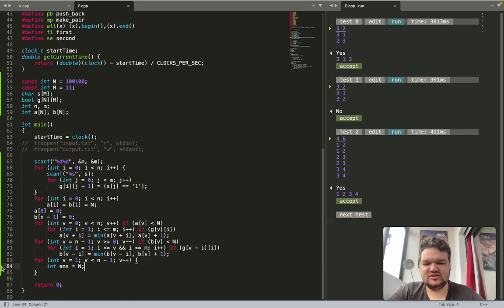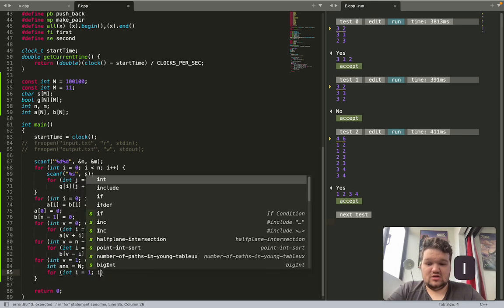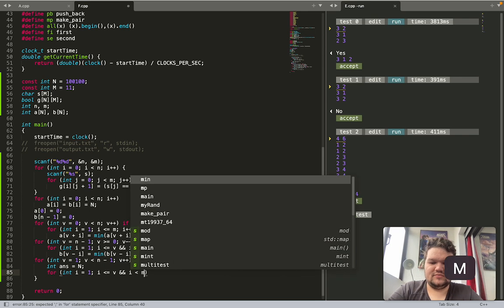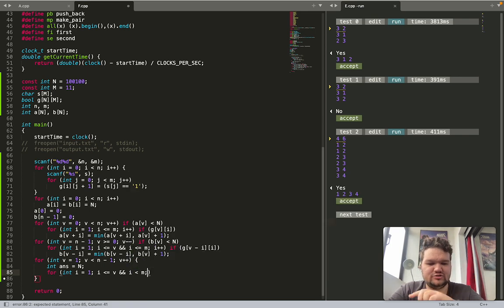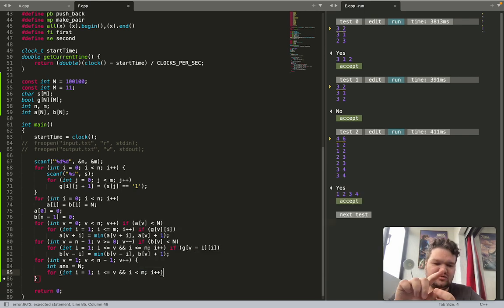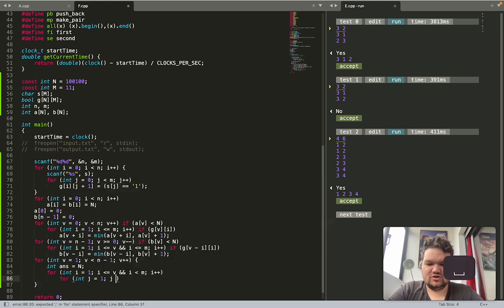So we initialize the answer with infinity, and now just try all the ways to choose an edge that jumps over vertex v. That's how much I will go left and how much I will go right.